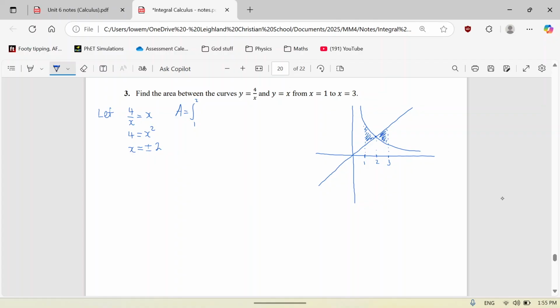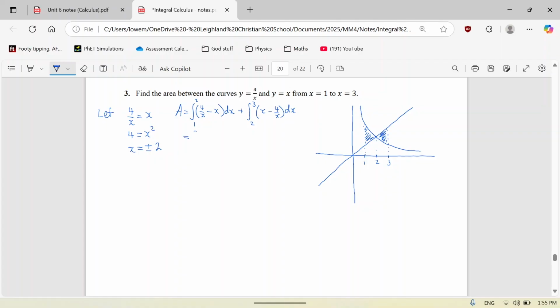Now our higher function is our hyperbola, so that's 4 over x minus our lower function of x, plus the integral from 2 to 3 of x minus 4 over x dx.